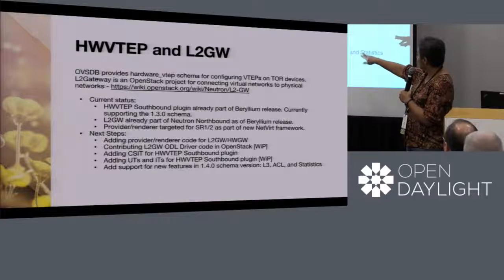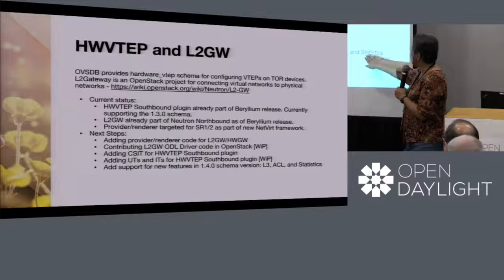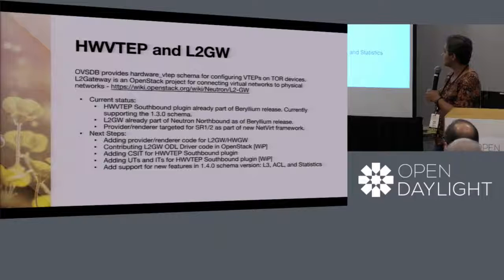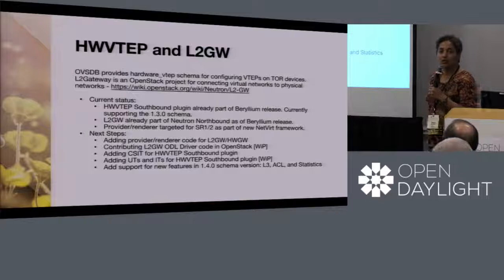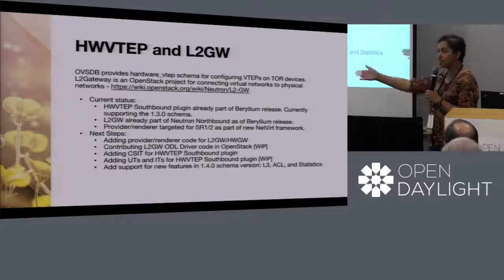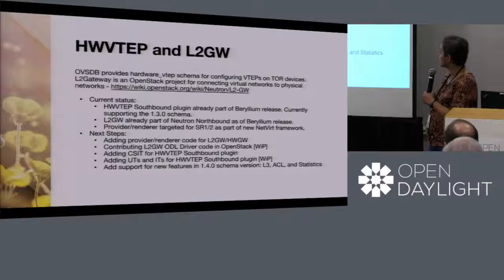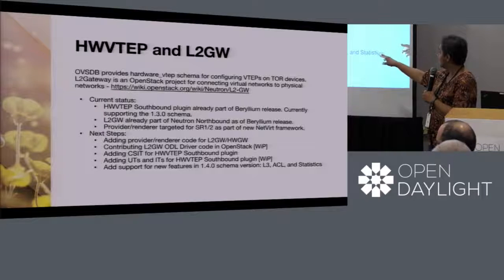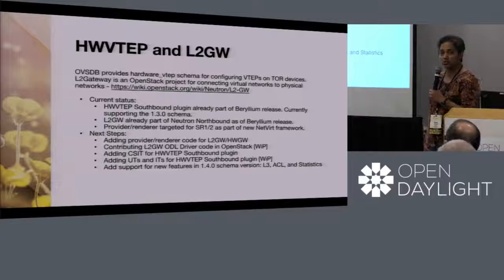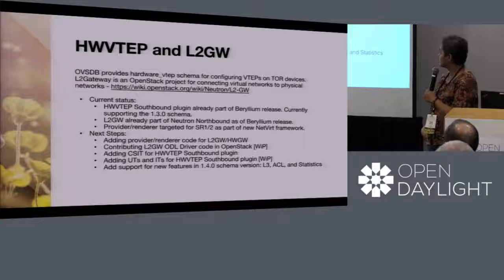Next for Boron, we want to add the 1.4 version of the schema, which has L3 and DVR support extended over to these devices, as well as ACLs. These L3 ACLs have been added in the newer version of the schema, so we want to support those tables, have the northbound orchestration in place for it, as well as statistics. So that's about it. Thanks, Dan.